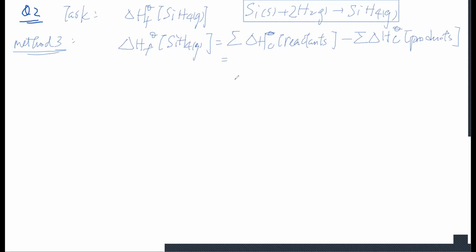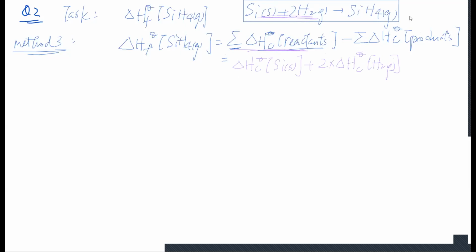So it is just what? We have got what is meant by the sum of the combustion of reactants. The reactants are on this side, right? So which is delta H of combustion of silicon plus 2 times delta H of combustion of hydrogen.